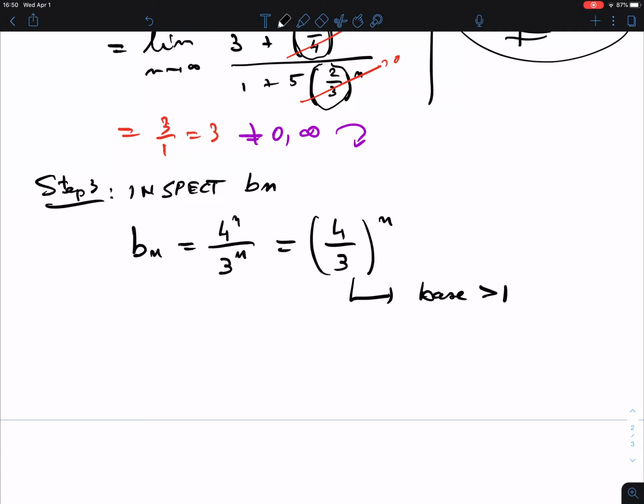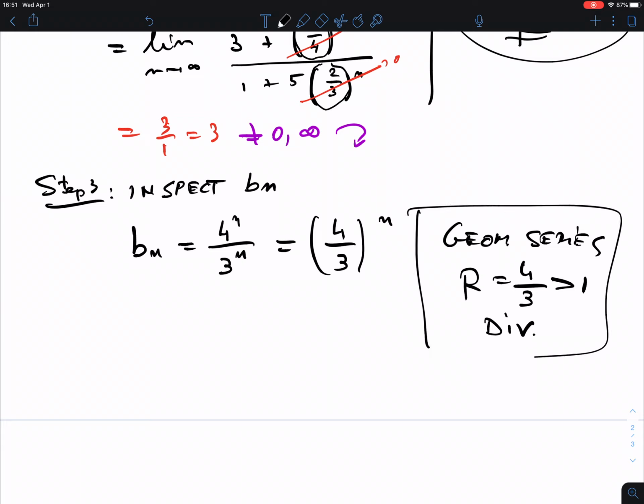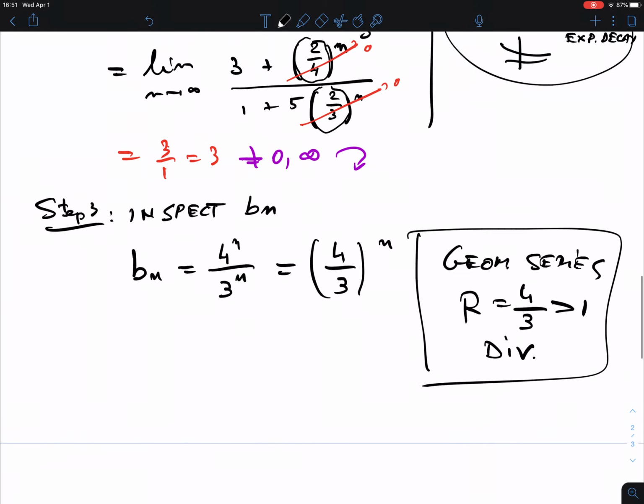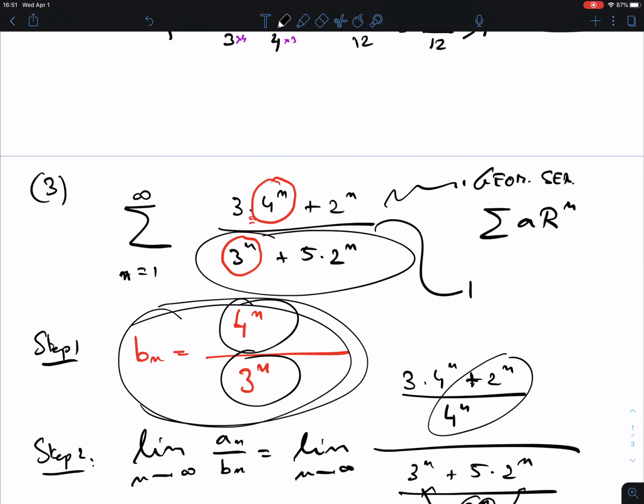What I'm saying is not wrong, but what we are actually looking at now is the geometric series, right? This is a geometric series, and what is r here? r is 4/3, which is bigger than 1, so we have divergence. We compare it with a geometric series, and we get r bigger than 1. This means this series is divergent, so that means that the original series is divergent.